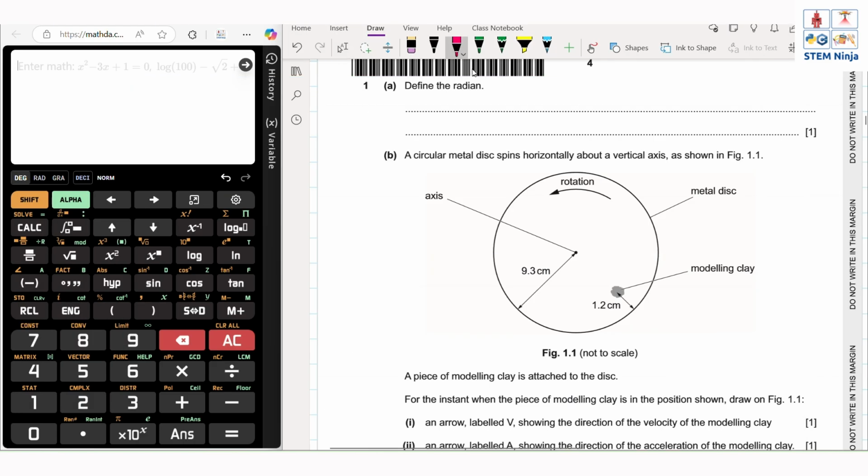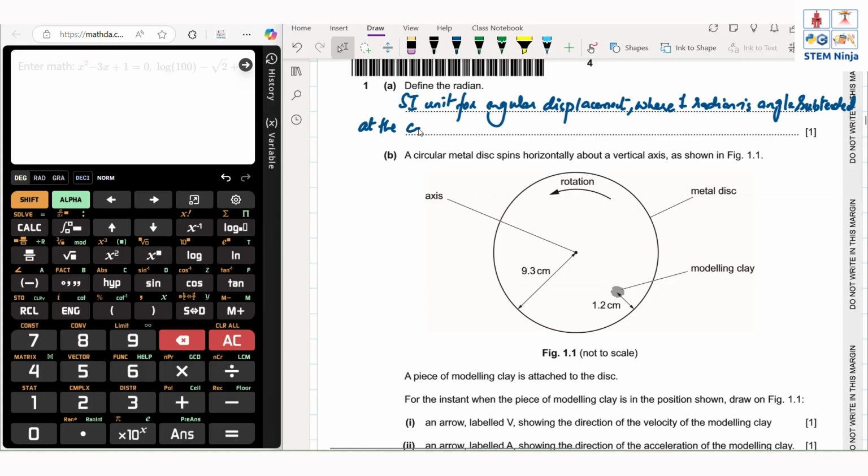So that's all we have to write over here.